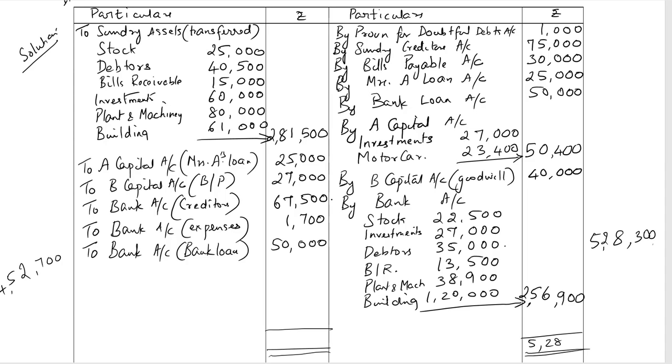I'm writing the greater total on both sides, 5,28,300. On deducting, we get a gain on realization of 75,600 rupees.